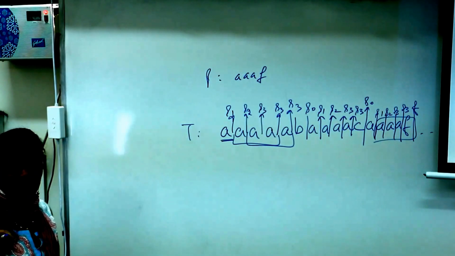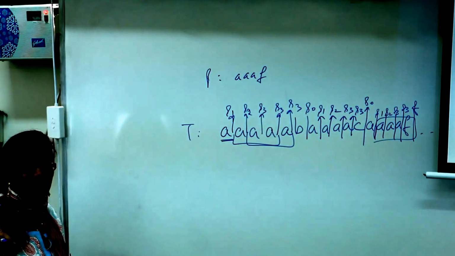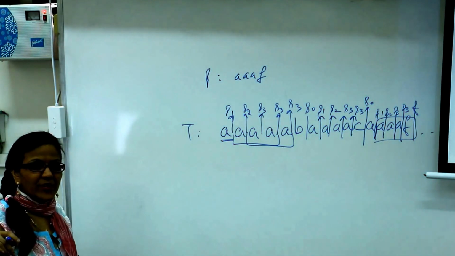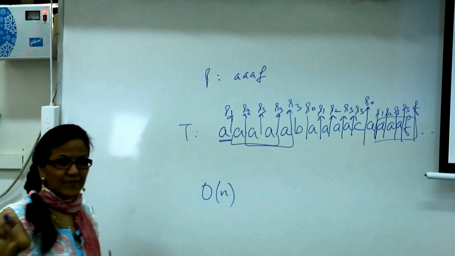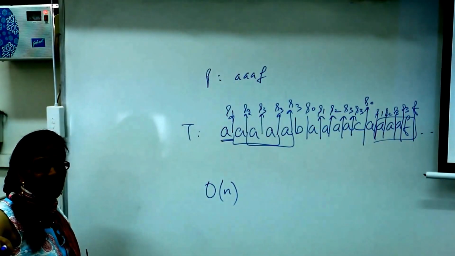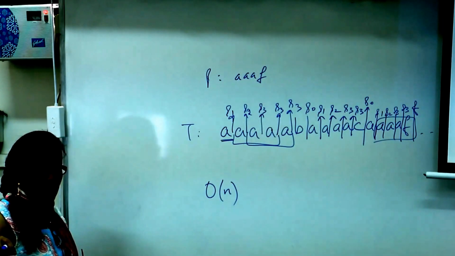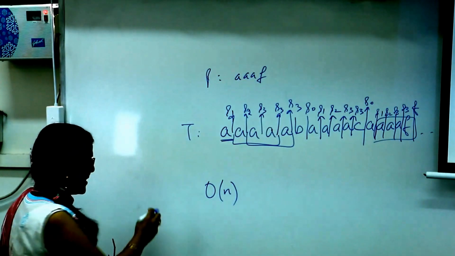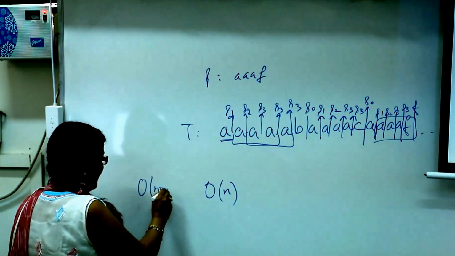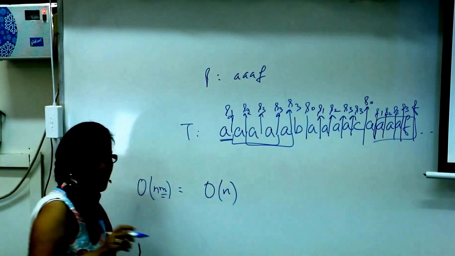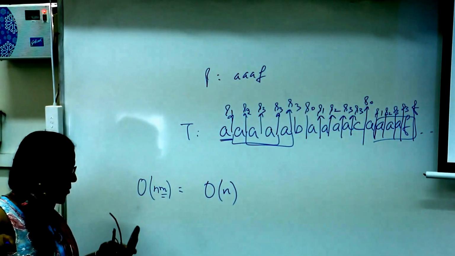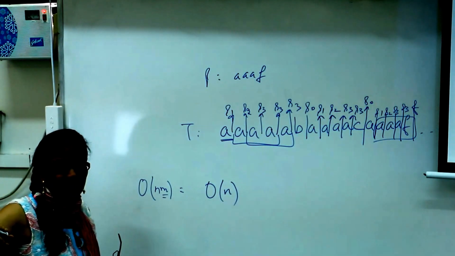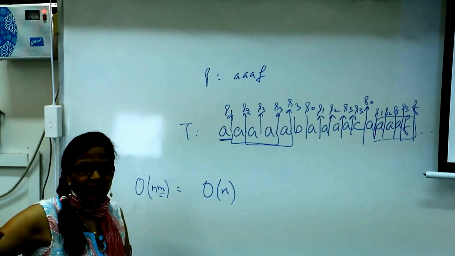Fine? So the searching time is order n. That's a huge improvement over the previous quadratic. Every time you have to search, how frequently do you search for patterns?